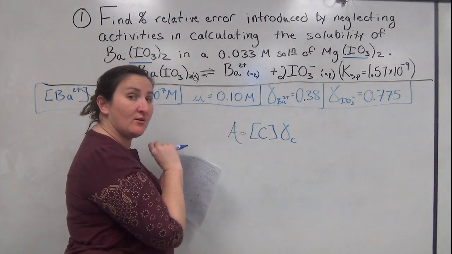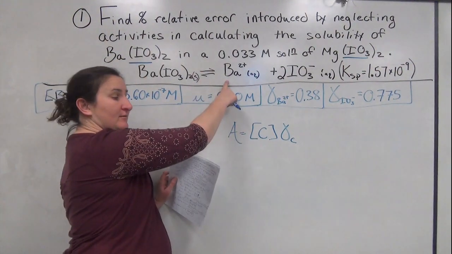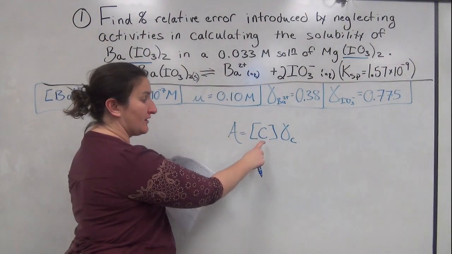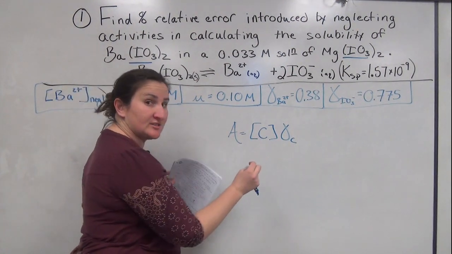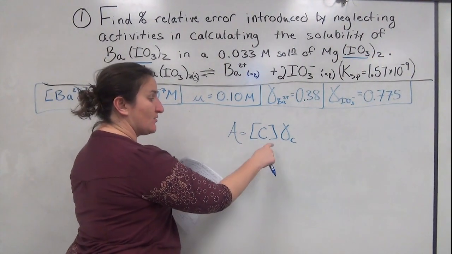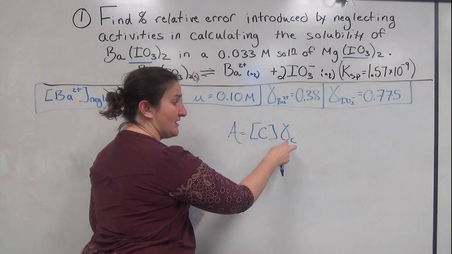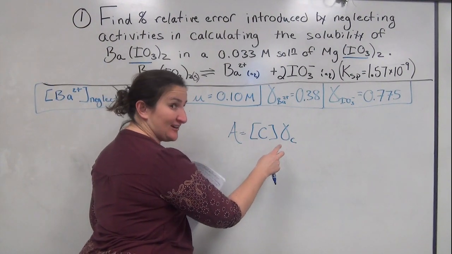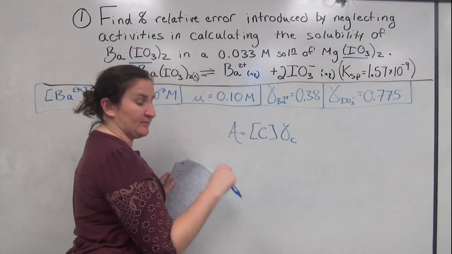So now we can use our equilibrium constant to calculate our barium concentration, but instead of only including concentration, we can now include these activity coefficients in our K expression. Since activity equals my concentration times my gamma, I'm basically adding a gamma into every single equilibrium expression.